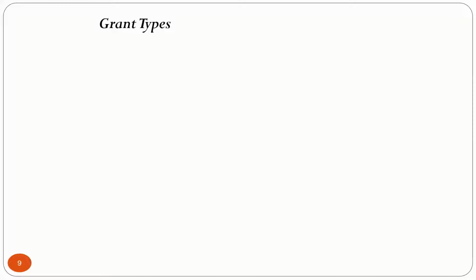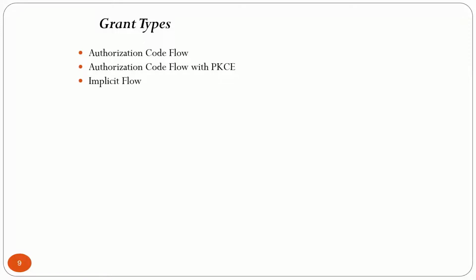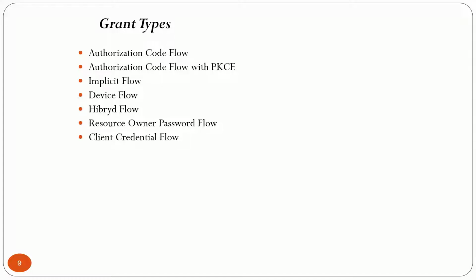Yeah, there are at least 7. So we've got 7 grant types that you should know in order to use OpenID Connect. They are authorization code flow with PKCE, implicit flow, device flow, hybrid flow, resource owner password flow, and client credential flow.